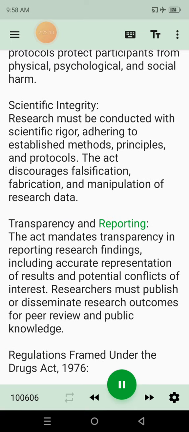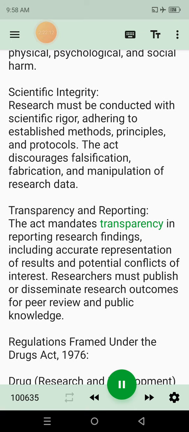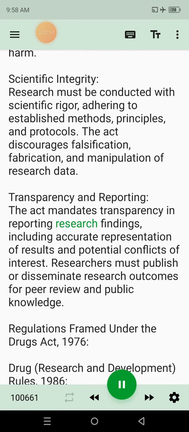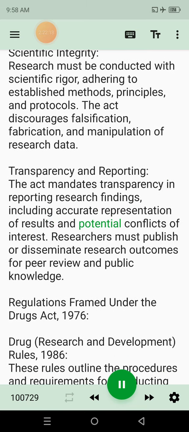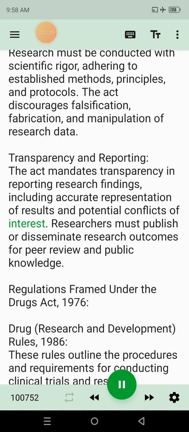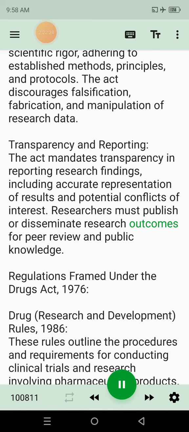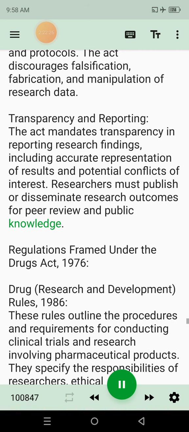Transparency and reporting. The Act mandates transparency in reporting research findings, including accurate representation of results and potential conflicts of interest. Researchers must publish or disseminate research outcomes for peer review and public knowledge.